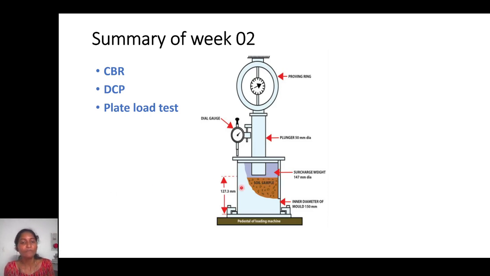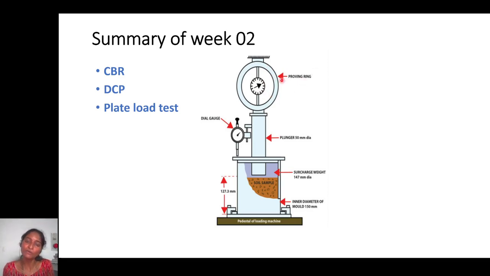When the deformation reaches 2.5 mm, we are applying some load, then we are observing the deformation. So corresponding to the 2.5 mm deformation, what is the load that I have applied, and corresponding to the 5 mm deformation, what is the load that I have applied, we will be taking those proving ring readings. We already have the standard crushed aggregate which has been tested in California.